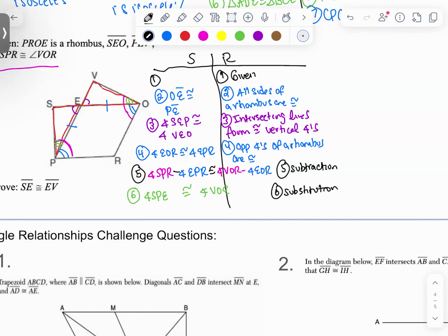And now I have everything I need to say the triangles are congruent. This is going to be angle side angle. So I can say triangle SPE is congruent to triangle VOE by angle side angle. And then I can say that SE is congruent to EV by CPCTC, because those are corresponding sides of the triangles that we just proved congruent.